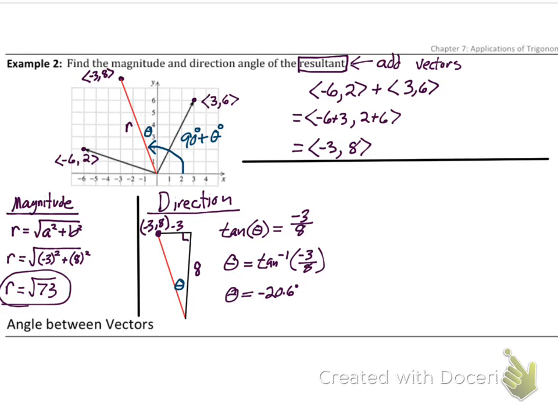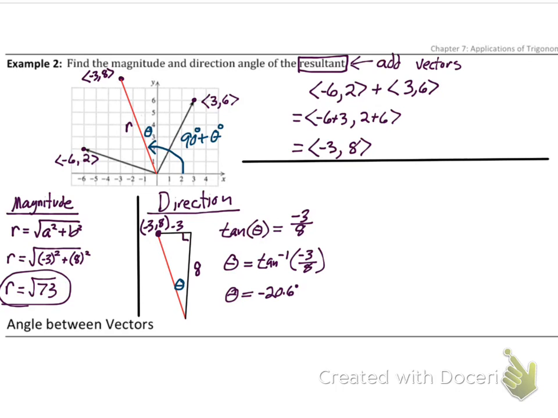Well, that's a small problem. Because if you just aimlessly answer this question, you'd do 90 plus a negative 20.6, which you'd come up with 69.4. Should this entire angle be 69.4 degrees? No, it shouldn't. Add the 20.6.